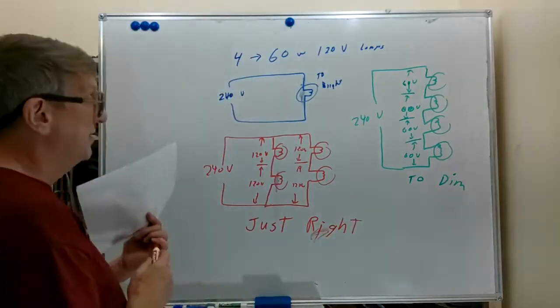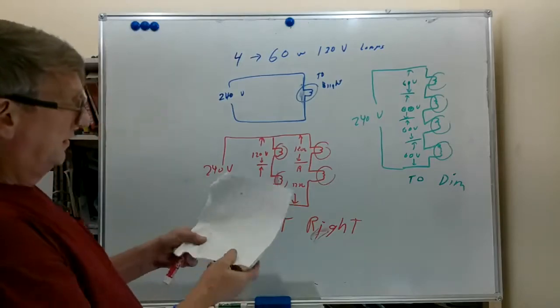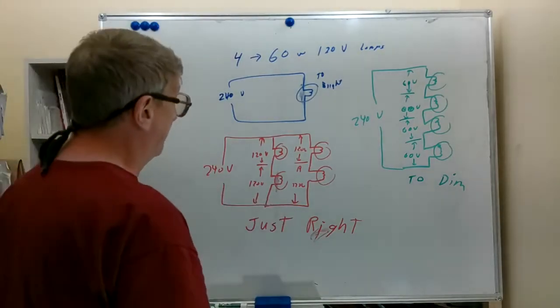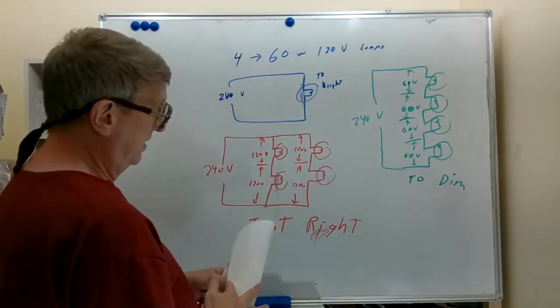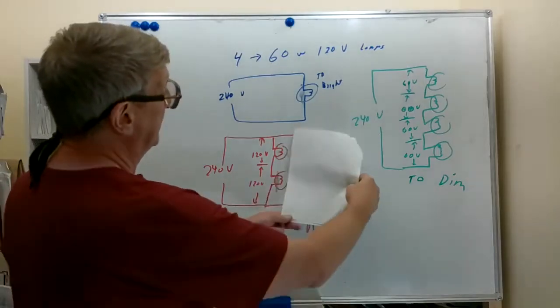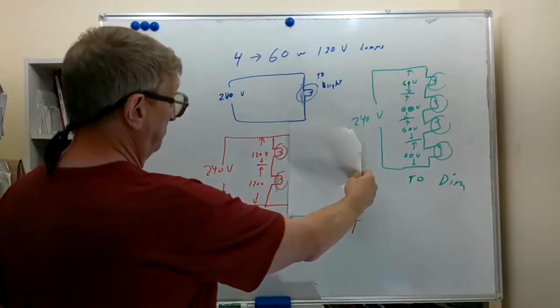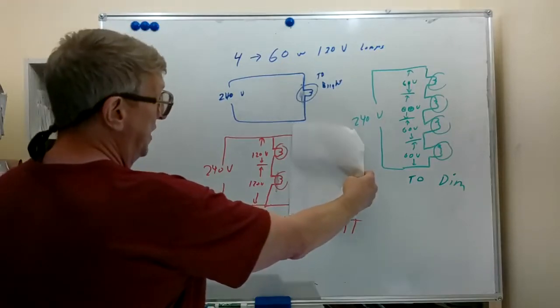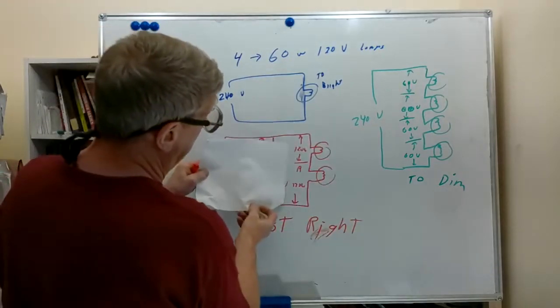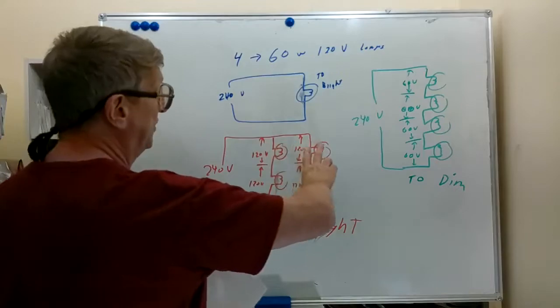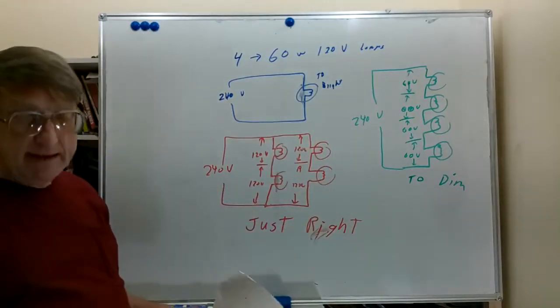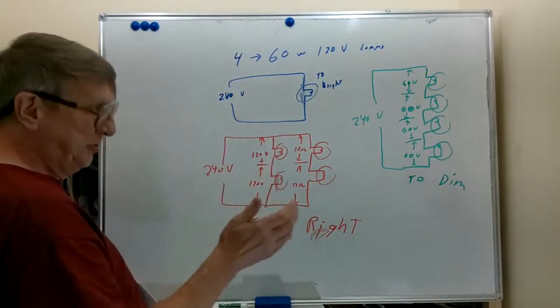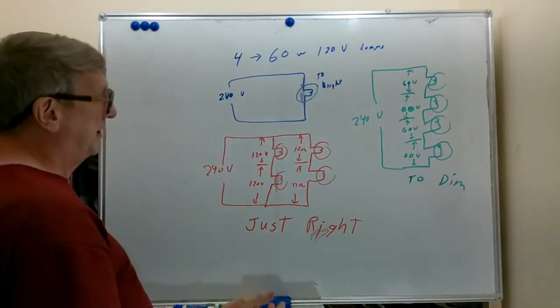Now, one thing you might notice about this last circuit that we put together, if we look at this half of the circuit, it's totally independent like all the other parallel circuits we've seen, and the same with this one. We have 120 volts, 120 volts. Everybody's happy. Our lamps are putting out their proper wattage, proper brightness.